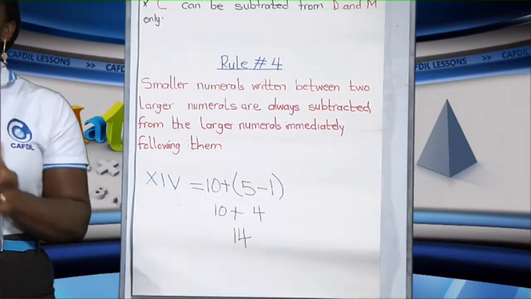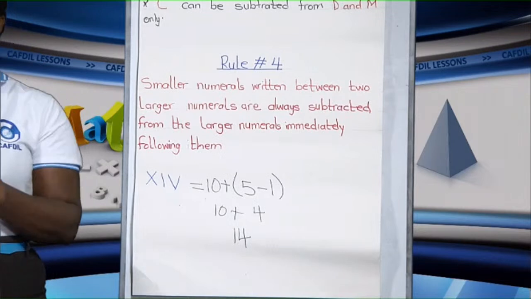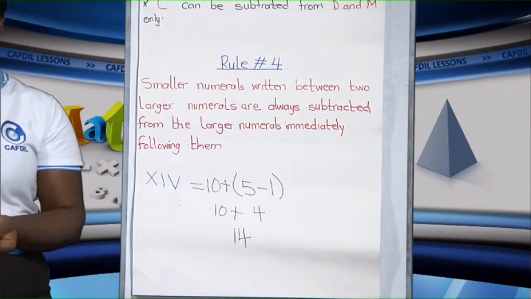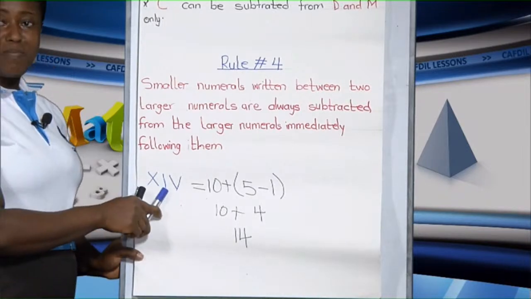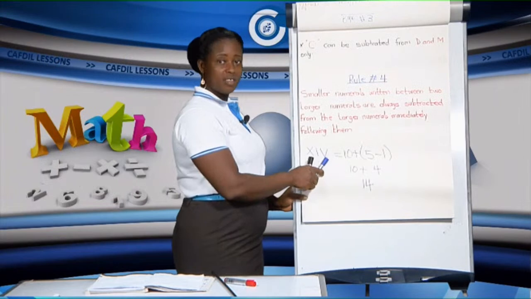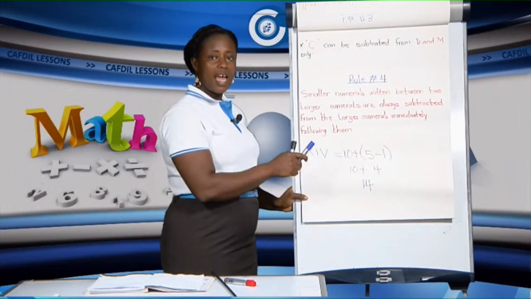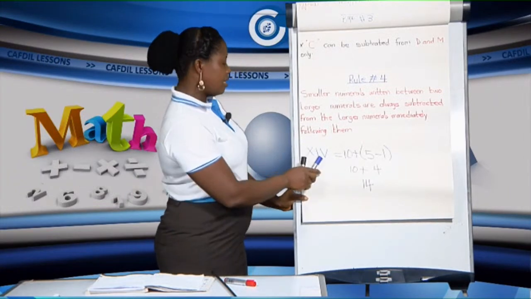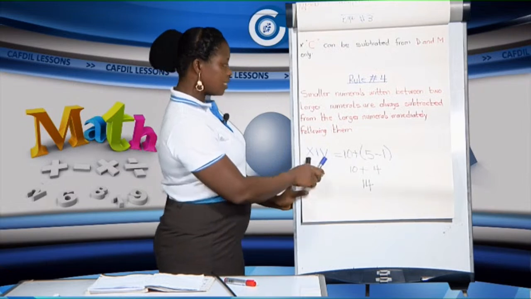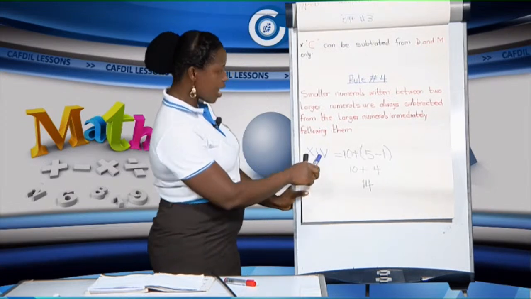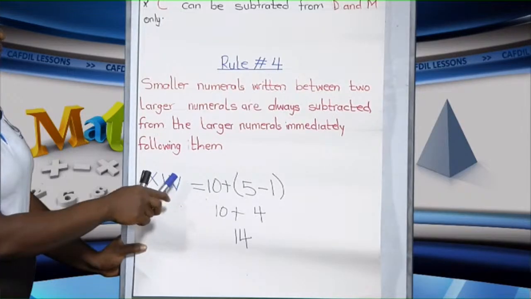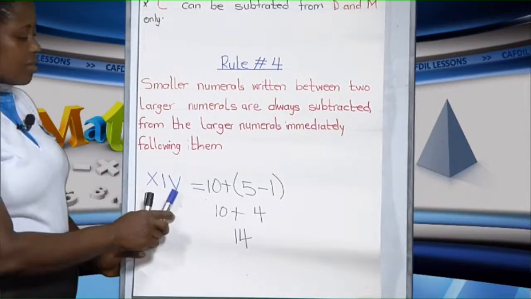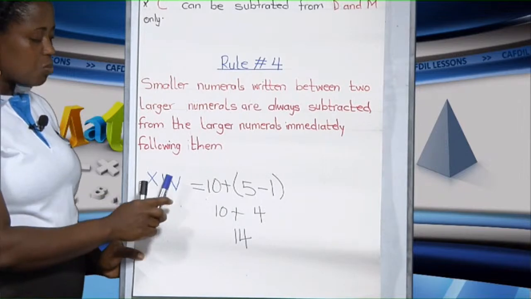I hope you are following the rule. Rule number 4: I is in between, and rule 4 says the numeral that follows the smaller one immediately is where we should subtract the smaller one from.